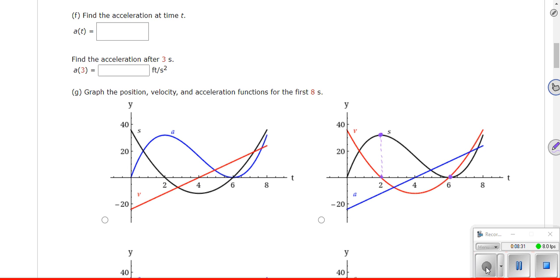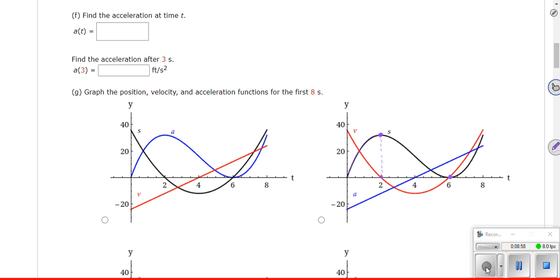And then here, this other purple dot, again, it changed direction. That was a local minimum. When it changes direction, that black position function, that is where your derivative should be 0. Now, the other thing you notice is as you travel along this black position, the slope of the tangent line on all of these points is going to be positive.